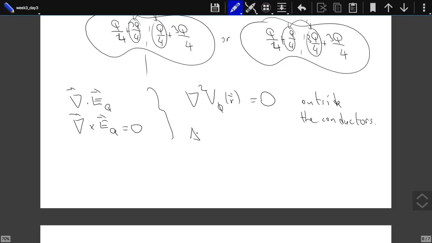And delta V_Q, the change in the potential on the surface, is equal to 0 on the surfaces. Furthermore, dV_Q by dr, or let's say the gradient of V, is perpendicular to the surfaces.